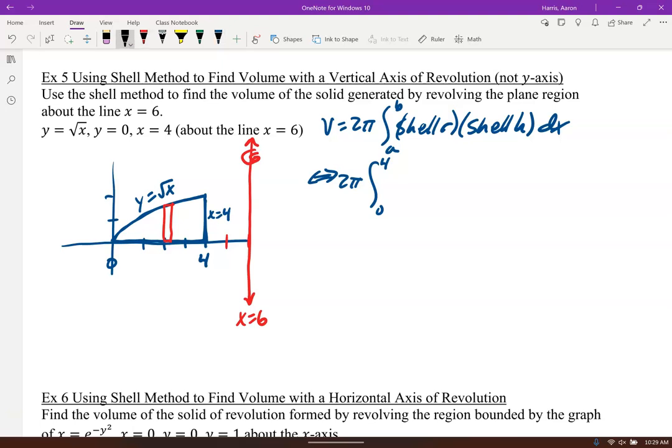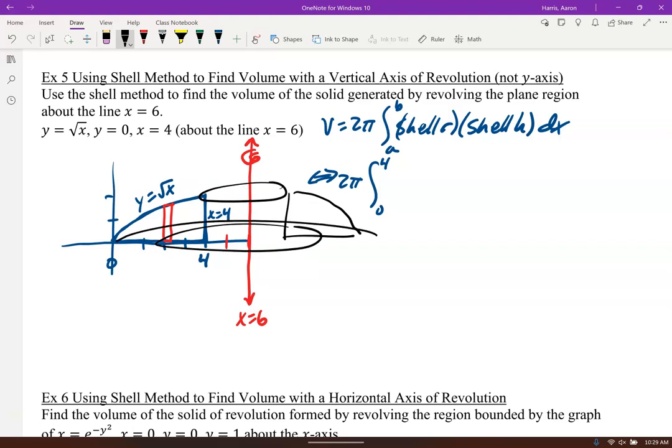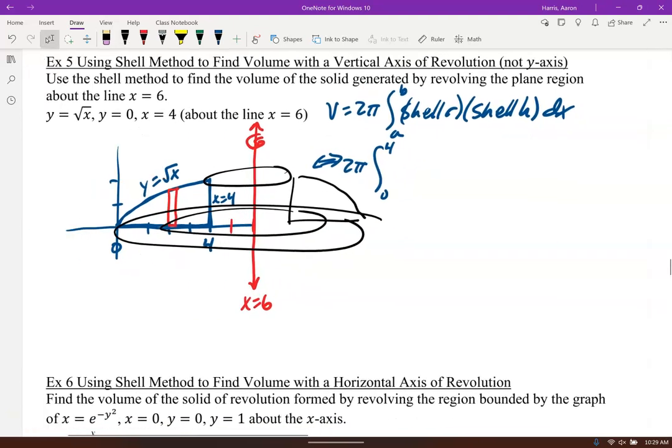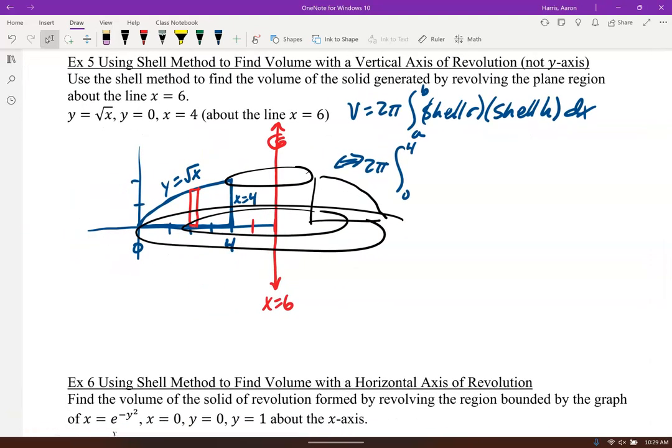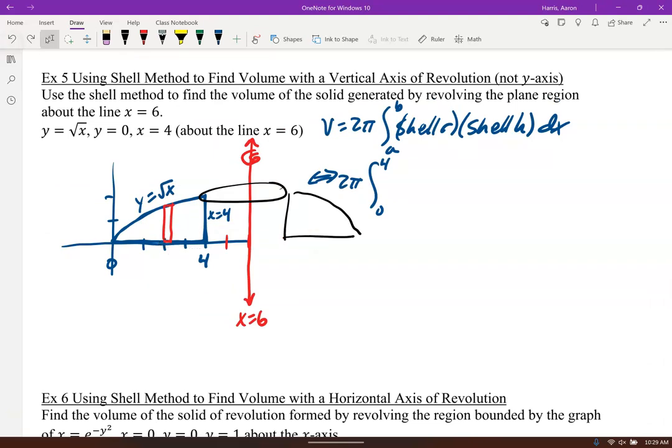Visually, what's going on, if you can imagine, this is all being spun, so we've got that hole in the middle. Let me erase this real quick, and then we'll walk through what's our shell radius and our shell height.